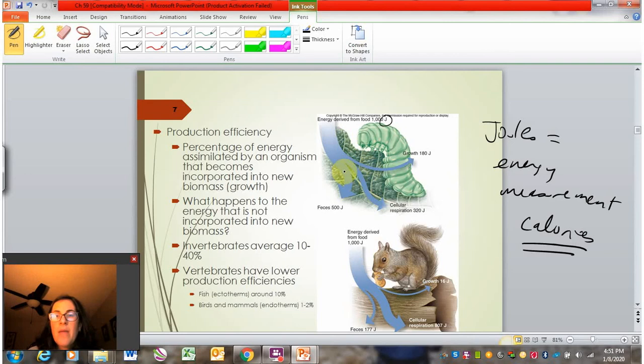it actually loses most of that as feces. So it doesn't have very good digestion. So half of what it eats, it can't digest, and it loses most of that. And then a fair amount of that is used to just maintain its metabolism. So just to maintain its daily energy requirements, it had to use 320 joules.